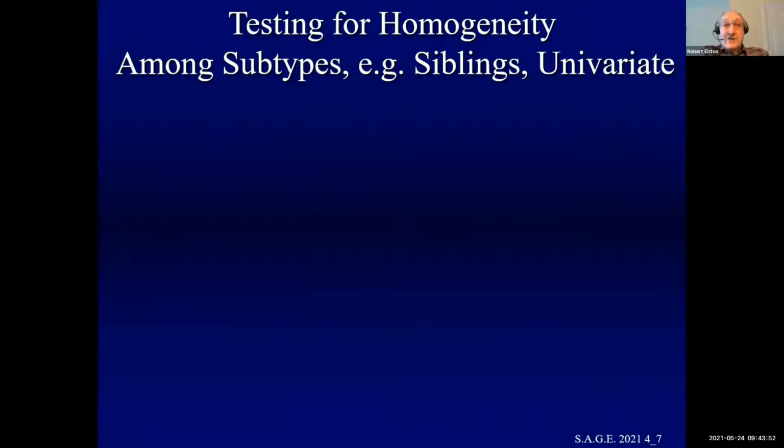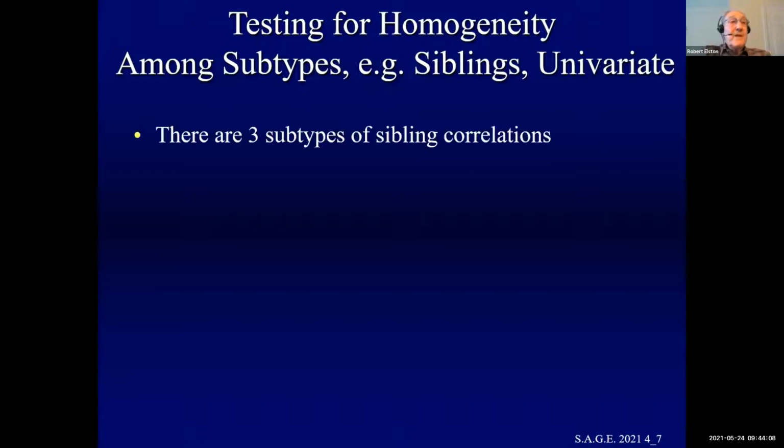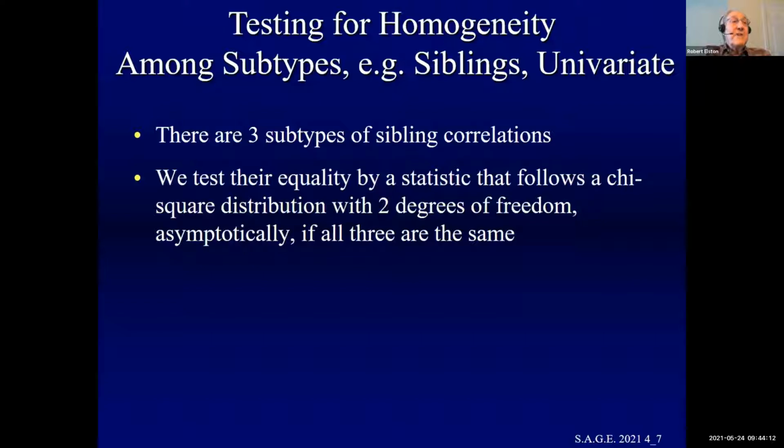It does assume you have normality, which you do eventually, asymptotically, and the fact that you get this normality asymptotically is known as Slutsky's theorem. So there are 3 subtypes of sibling correlations. We test their equality by a statistic that follows a chi-square distribution with 2 degrees of freedom asymptotically if all 3 are the same.